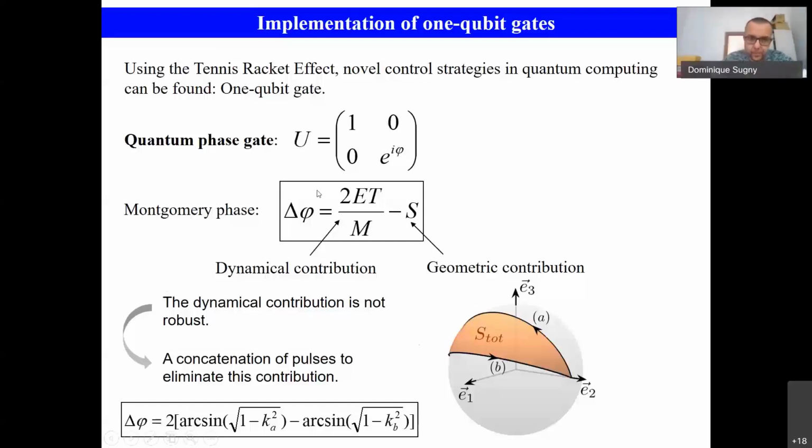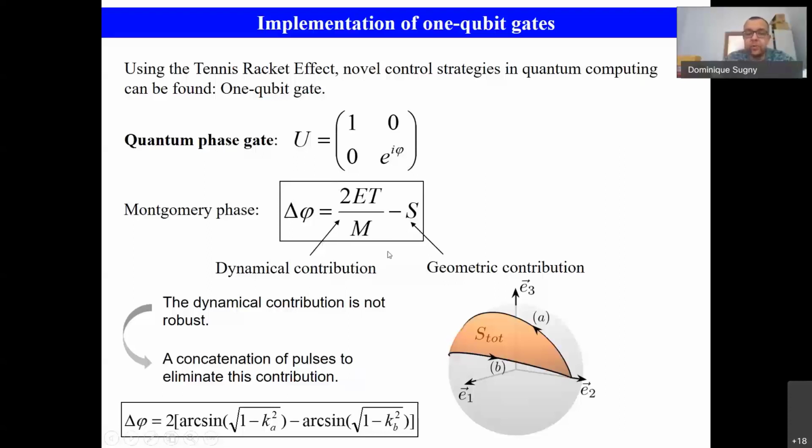Basically, I'm not going to enter into the details, but the idea is to use here the Montgomery phase, which corresponds for the tennis racket of a rigid body to basically the Berry phase for a qubit. With the Montgomery phase, we can describe along a loop in the reduced phase space of the coordinates of the angular momentum the variation delta phi as a function of two terms, a dynamical contribution and a geometric one.